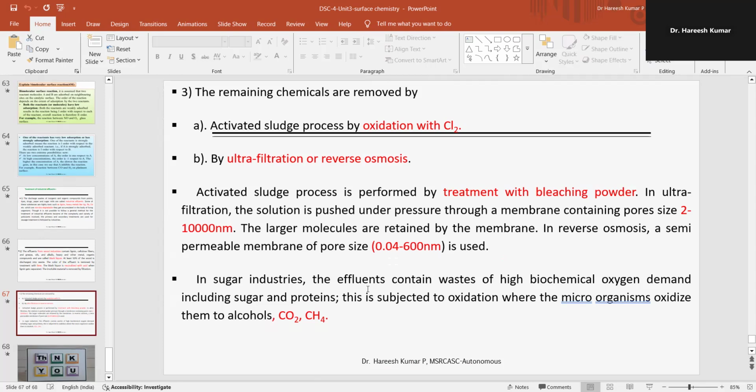In sugar industries, the effluents contain waste of high biochemical oxygen demand, including sugar and proteins. This is subjected to oxidation, where microorganisms oxidize them into alcohol, carbon dioxide, and methane. So this is about surface chemistry.